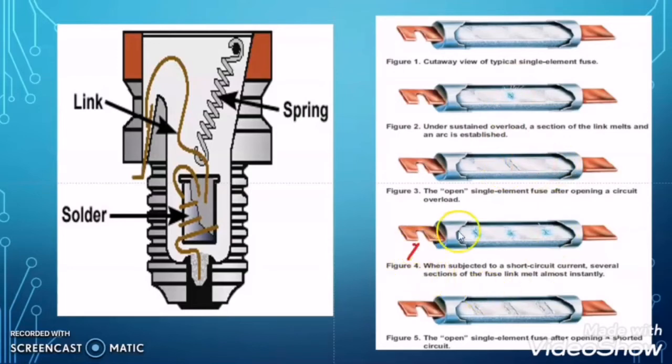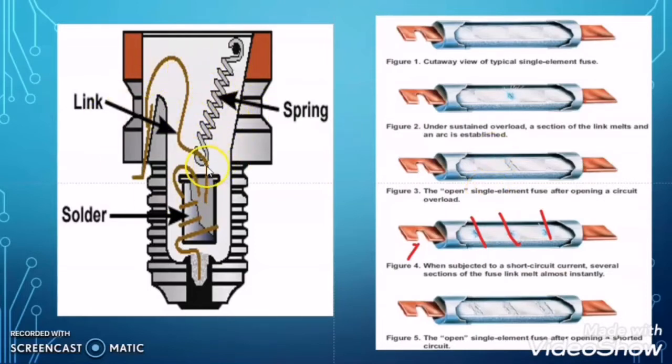And during a short circuit, the link will break at 3 portions, so it will reduce the arc inside the fuse after breaking. So this is one time use. Once we use it, it will never be used again. We need to replace it with another one.